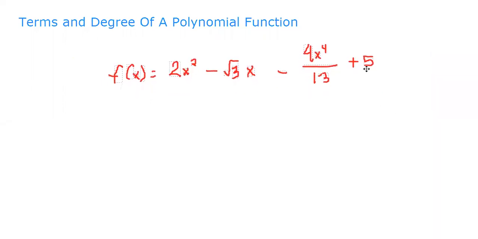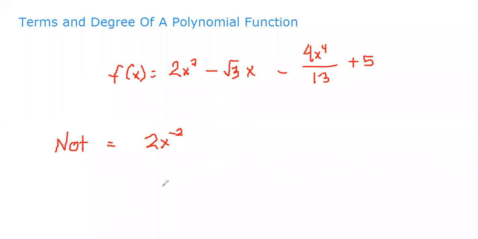Let's always remember the signs of a function that is not a polynomial, so write this part down. When it is not a polynomial function, we always see this. For example, we see 2x to the negative 2. When there is a negative exponent, that is not a polynomial function. So there are really only a few things that tell us a function is not a polynomial: when there is a square root of a variable, or a negative exponent. Whenever we see a negative exponent, that is not a polynomial function. So in our function here, 2x squared minus the square root of 3x minus 4x to the fourth over 13 plus 5, that is a polynomial function because we did not see any negative exponent, right?